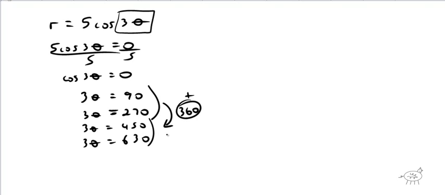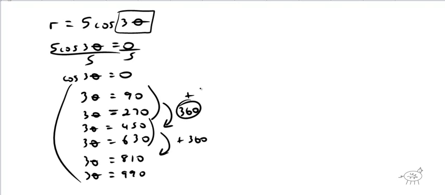That's one set of answers. Now I'm going to add another 360, because again it's triple the number of answers. So 3 theta is equal to, adding to 450, I get 810, and 3 theta is equal to 990. That's how I get 6 answers. Now the last step: please don't put 90 and 270 and 450, because those are bigger than 360, the 450, 630, 810, 990. Remember what you have to do. The last step is you need to either divide by 3 or multiply by 1/3. I don't care what you do, it's the same thing.